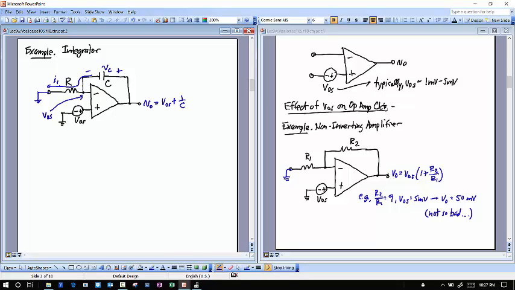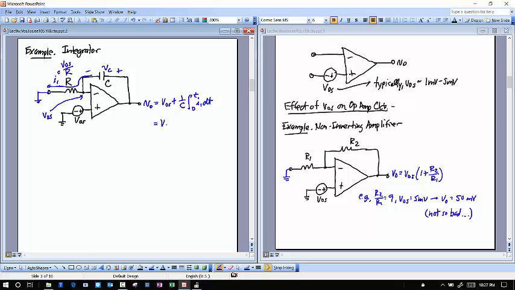And we know that voltage is what you get from integrating that current over the time t. And so I know what that current is, right? This I current is equal to VOS divided by this resistance R.